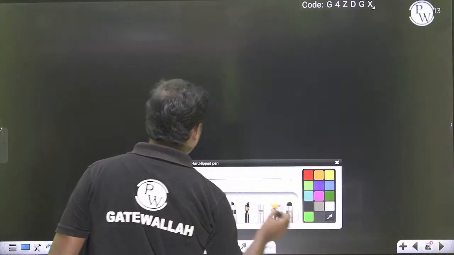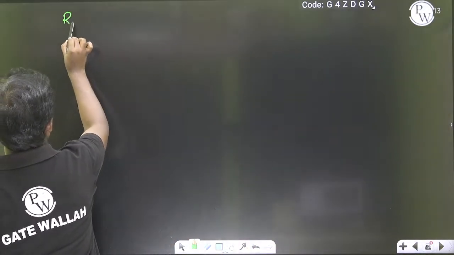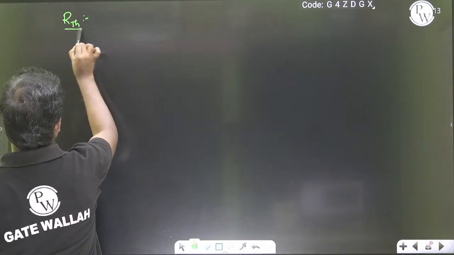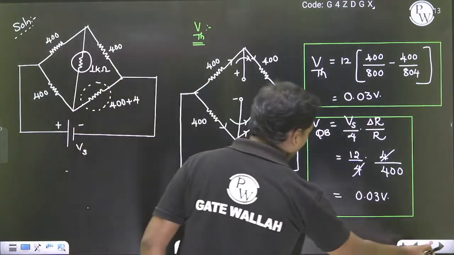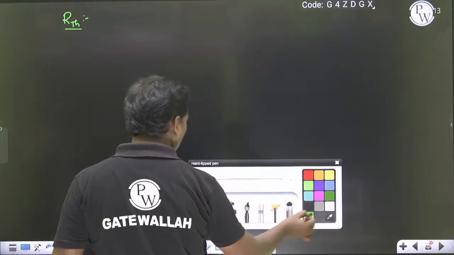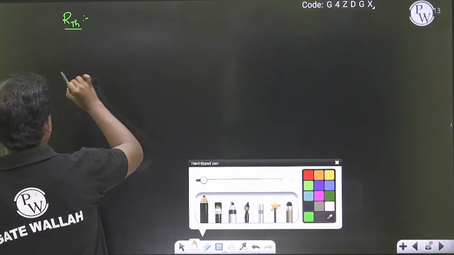So if we go for the R Thevenin's calculation, what is R Thevenin's? For R Thevenin's we have to short this particular circuit, like this.